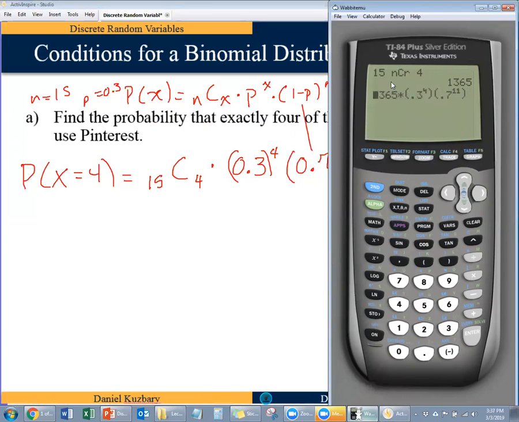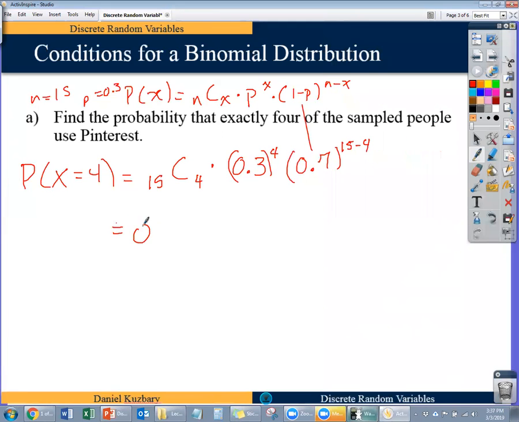And the 15C4 is, out of 15 people, all the different ways you can get a group of 4 from that 15. So if I do this, I get the number 0.2186 as my answer. So that's using this formula.